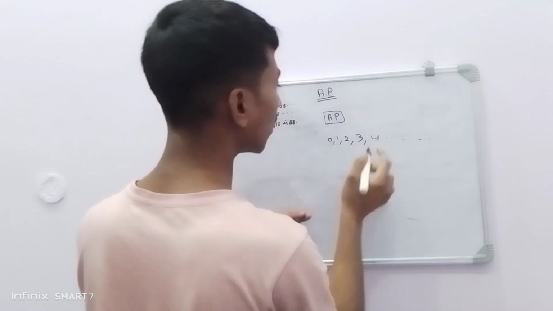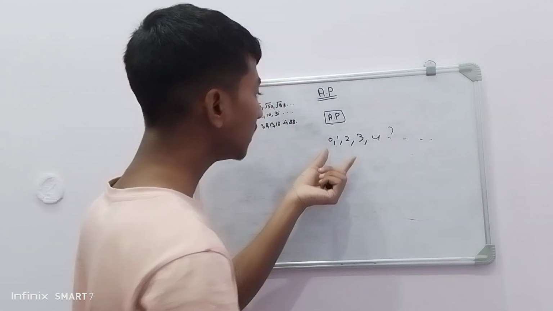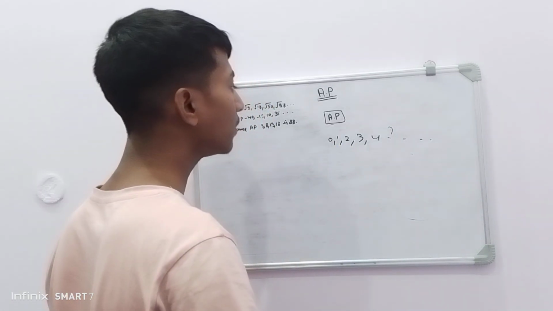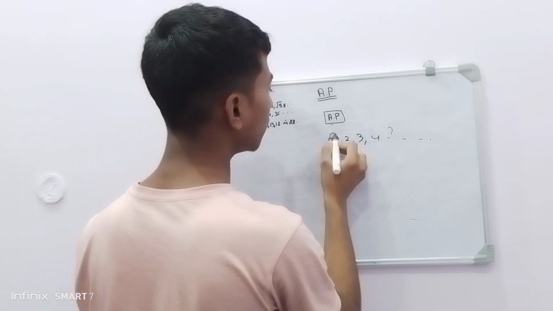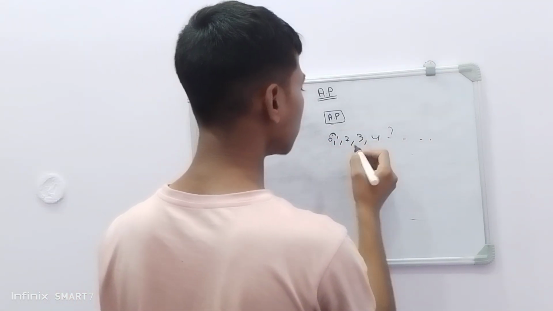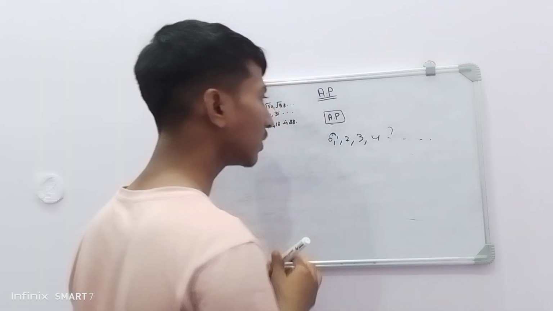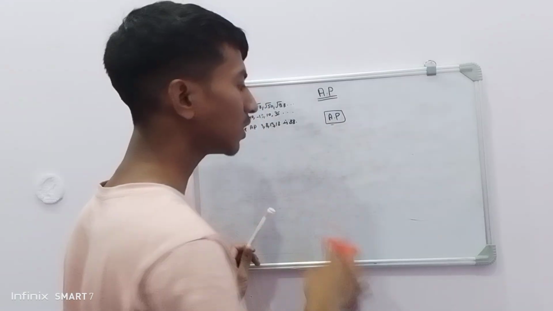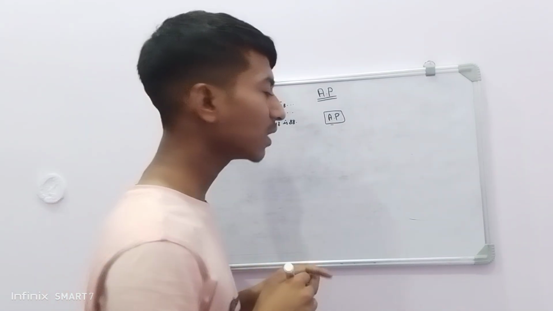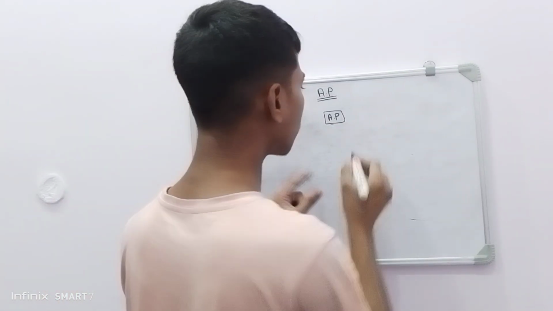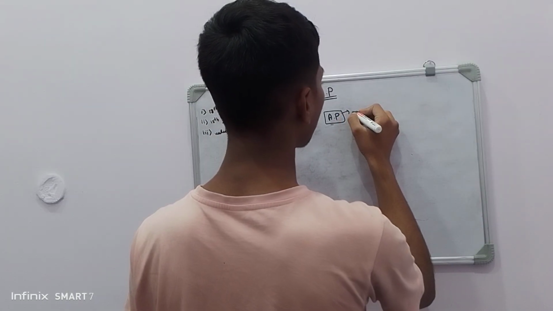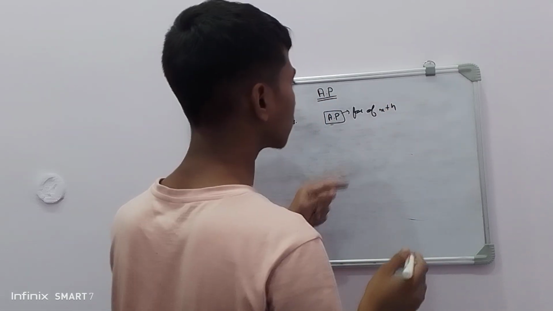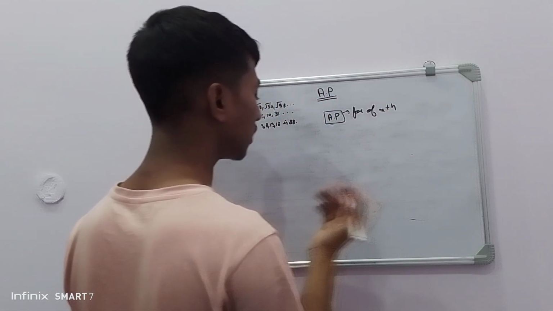It is a sequence because you can tell the next number, and it is also an AP because when you add 1 you get the next one each time. So I think you understand the meaning of AP. If someone asks you the meaning of progression: progression means that we have a formula for the nth term, that is, for finding the terms.